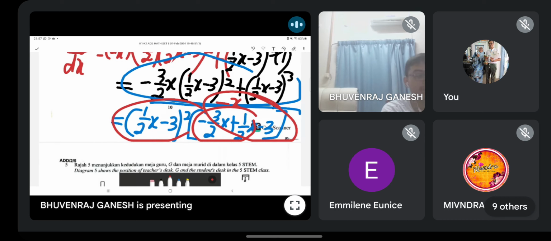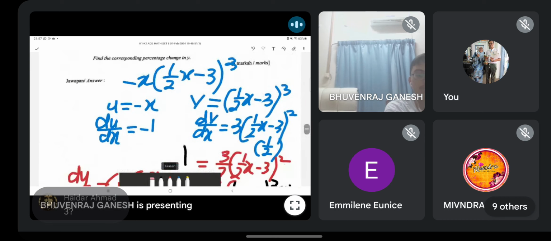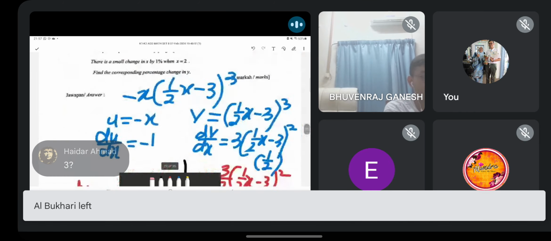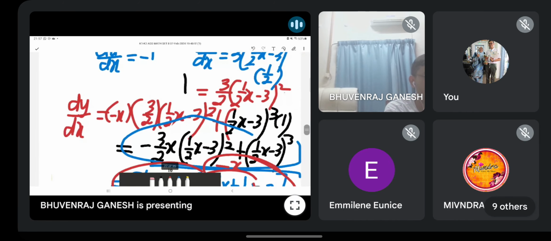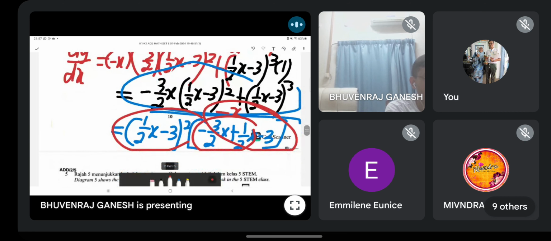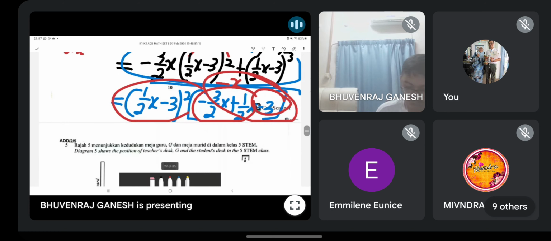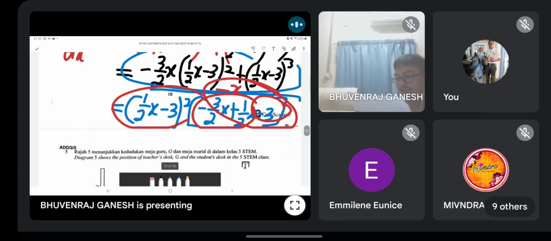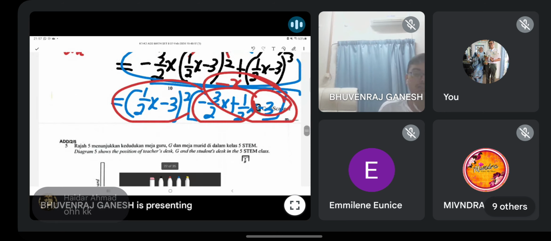Then you just directly substitute the value. 3, 3 is this one. If you want to factorize out also can. You got negative (x minus 3). So can get it? My answer is the same as the scheme already.